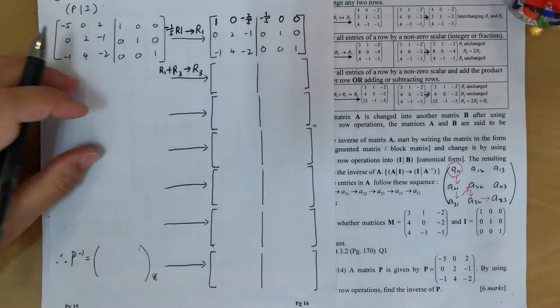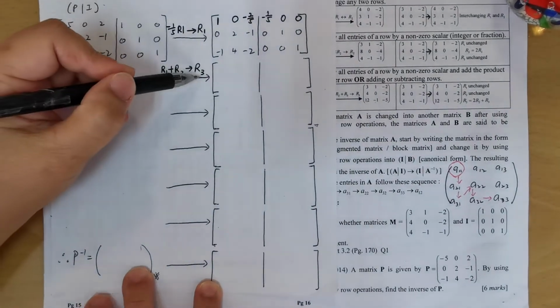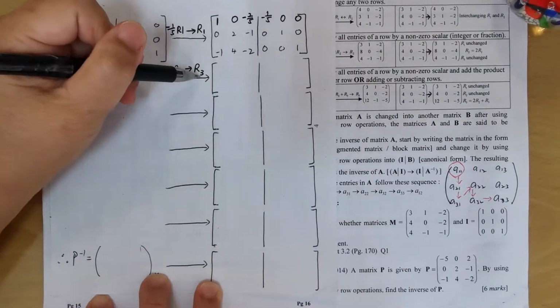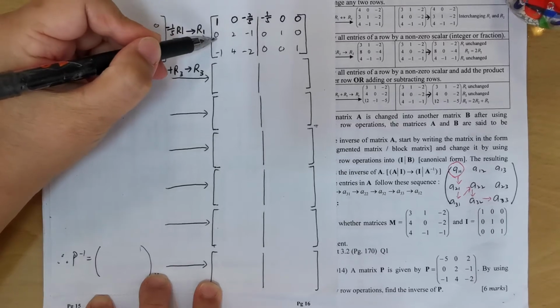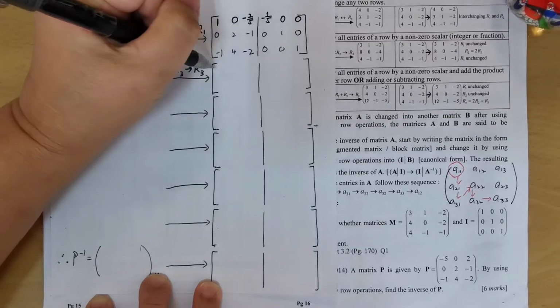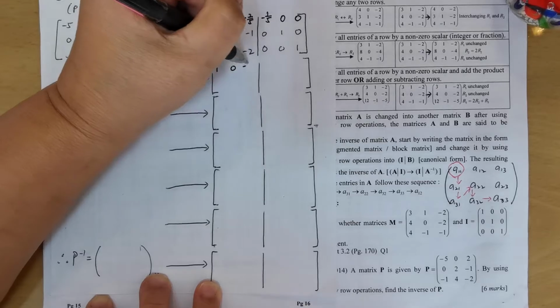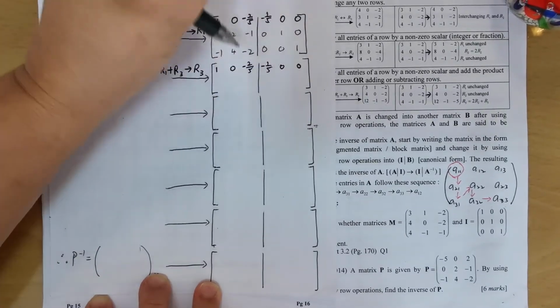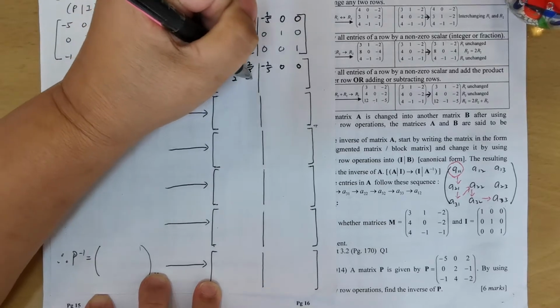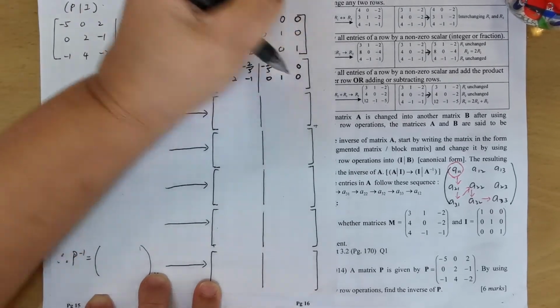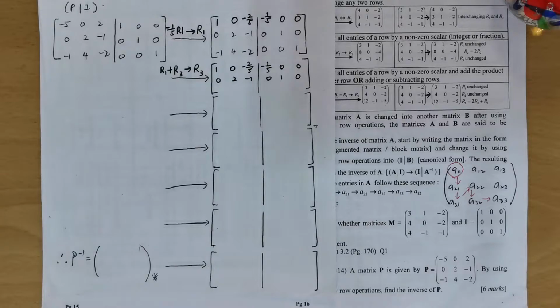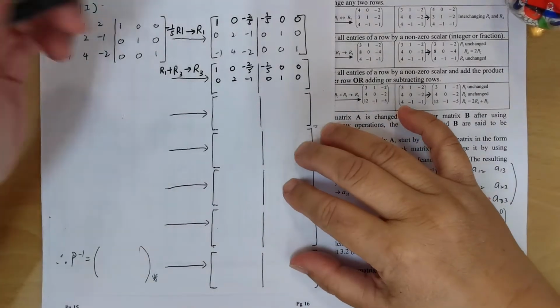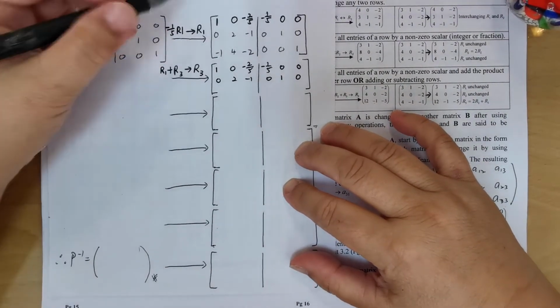So we are going to change R3. Changing R3 means R1 and R2 remain the same, so I copy R1 and R2 first. First and second row remain unchanged, so I copy. R1 plus R3 become new R3.